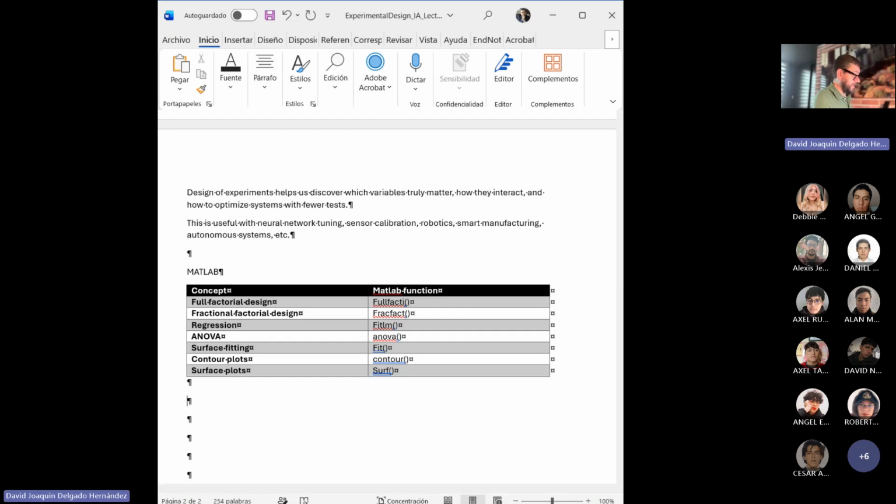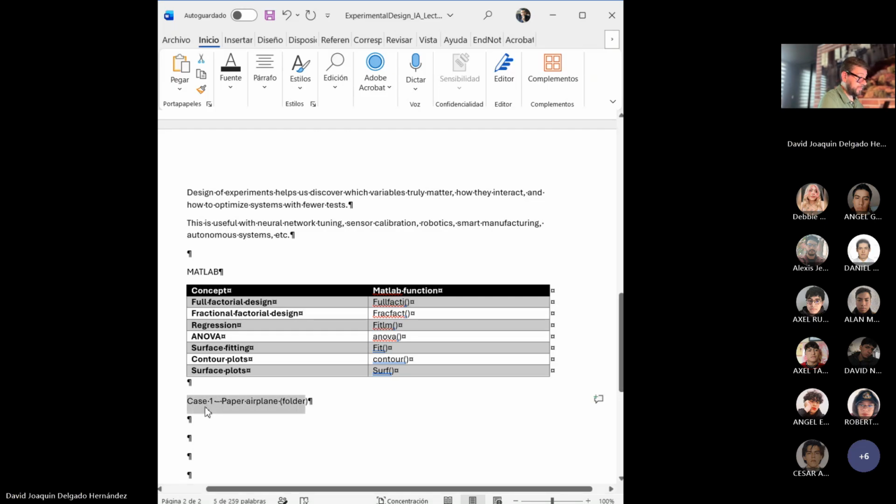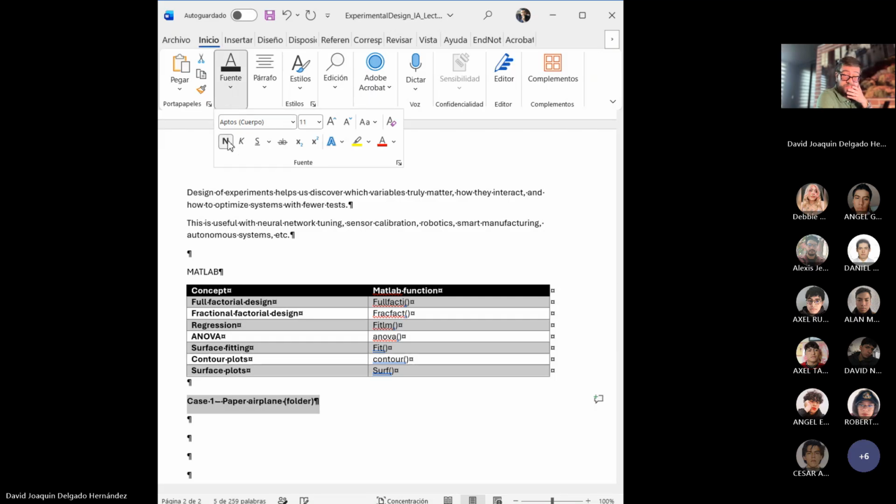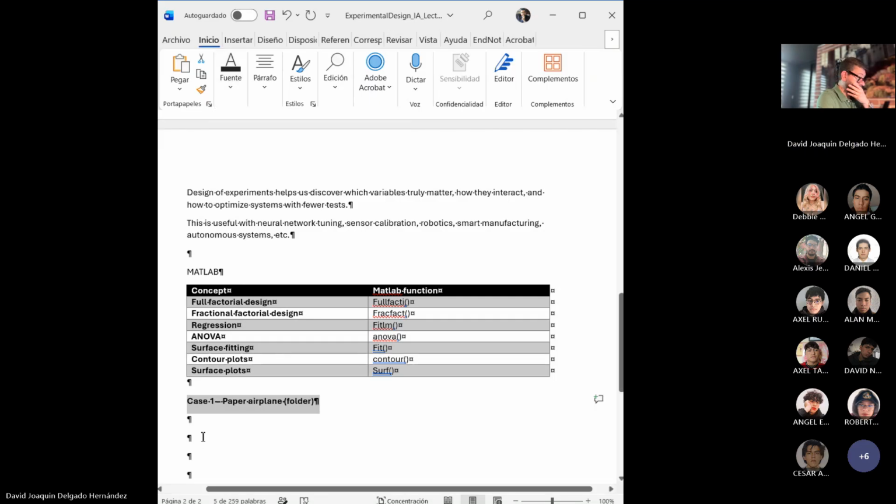So let us try case number 1, which is the paper airplane, or folder, right? Folder. Let me put this in bold. What is the objective here?